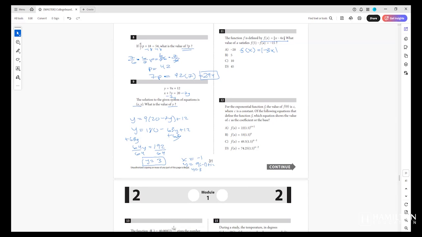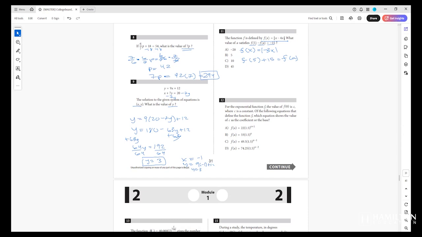What value of a satisfies f of 5 minus f of a equals -15? So essentially what we're trying to find is that f of 5 minus -15, so plus 15, is equal to f of a. What I did is I got the variable by itself by adding it to the right-hand side and then adding 15 to both sides.